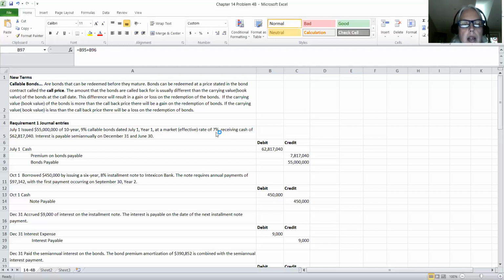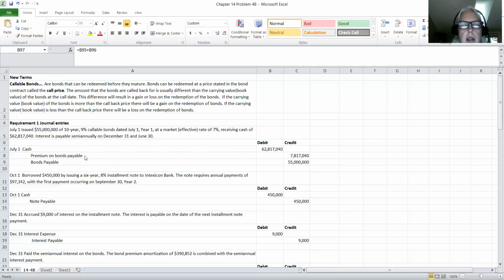And what this means is that the bonds are selling above the face value, which means they're selling at a premium. It's all about the contract rate of interest and the market rate of interest. If there's a difference between the two, in this case, since the contract rate of interest is more than the market rate of interest, the bonds have sold at a premium.